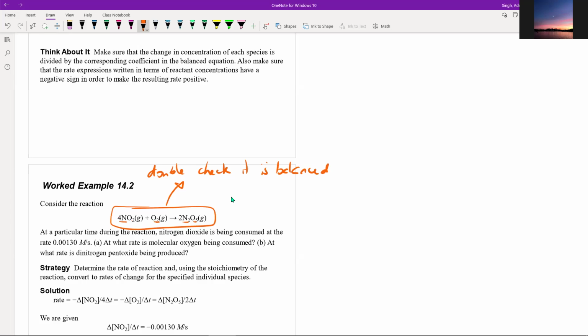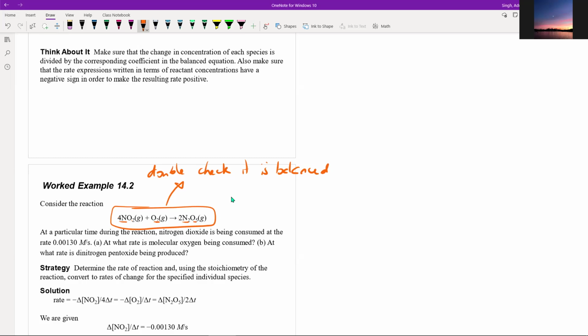It says at a particular time during the reaction, nitrogen dioxide is being consumed at the rate 0.00130 molar per second. And then it says, A, at what rate is molecular oxygen being consumed, and then B, at what rate is dinitrogen pentoxide being produced.